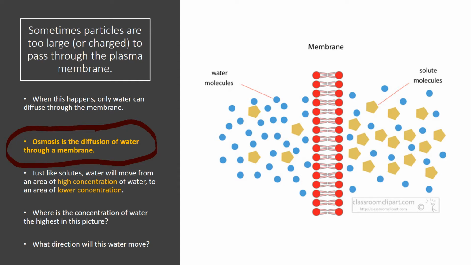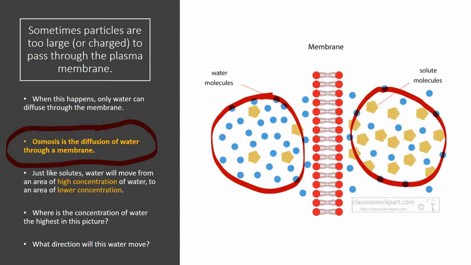So if we think about it, where is the concentration of water the highest in this picture? Well, if I have two circles of about equal size, I will see that there are way more water molecules over on the left-hand side in that space than there are water molecules in that same space on the right-hand side.